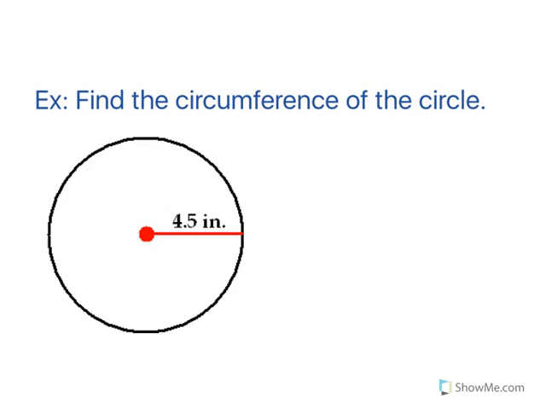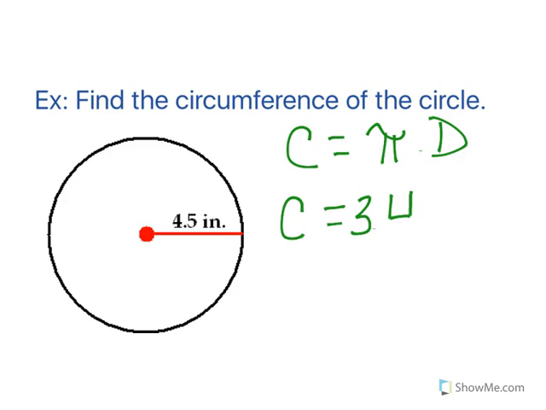My next example says find the circumference of the circle. Again, circumference equals pi times my diameter, so I'm solving for circumference. I know pi is 3.14. Now my diameter. Well, I know this is my radius because that's from one end to the center.